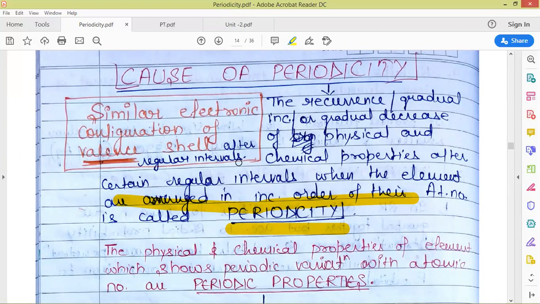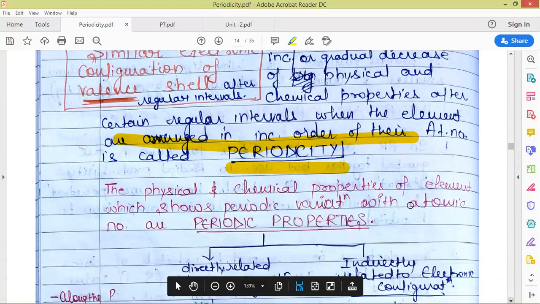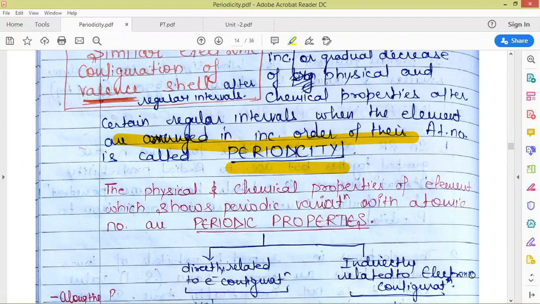That is why the properties are increasing or decreasing, or recurring after regular intervals, due to the similar electronic configuration. So based upon this, the physical and chemical properties of elements which show periodic variations with atomic numbers are called periodic properties.